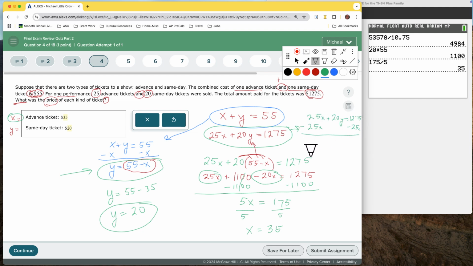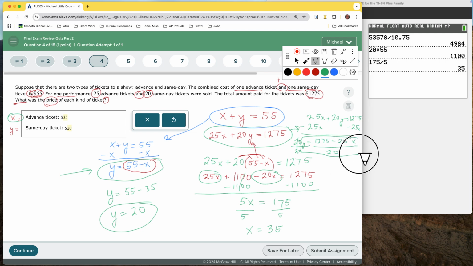So we end up with 20y equals 1275 minus 25x. And we're going to divide by 20. I'm going to just divide the whole thing by 20. That's what y equals.